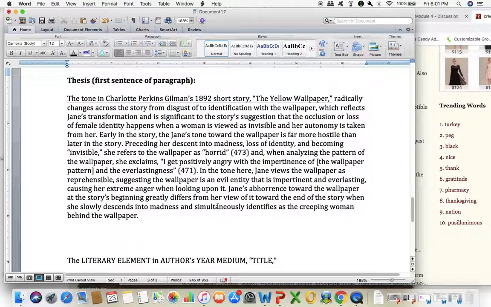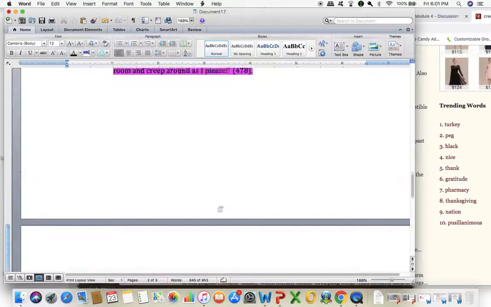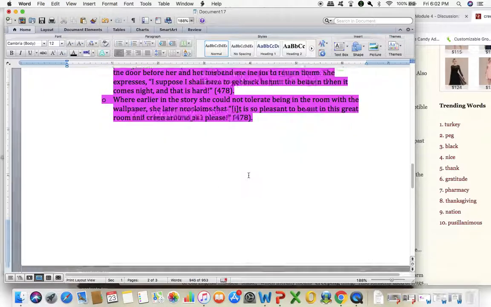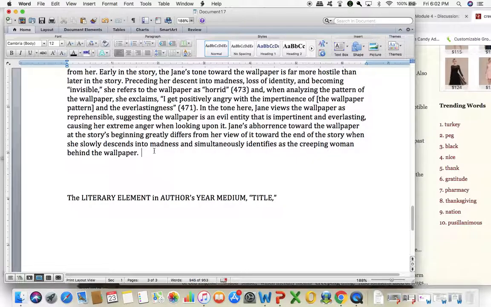So before I would get into analysis of that, I would first provide, and I would probably choose this one. So I'm just going to pull that whole bit that I have there.